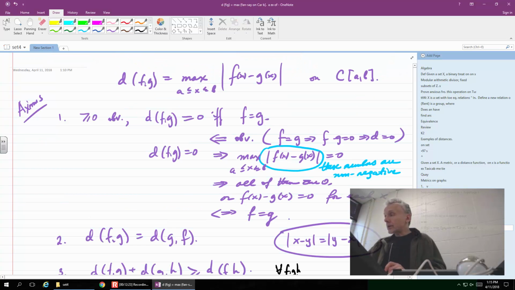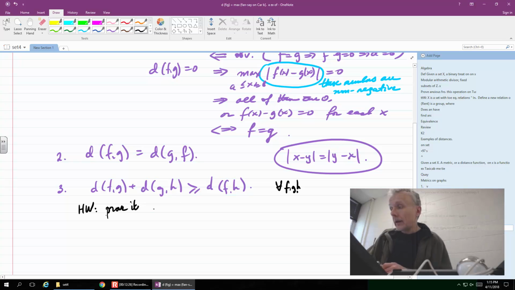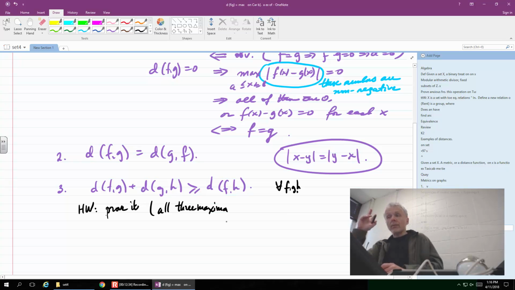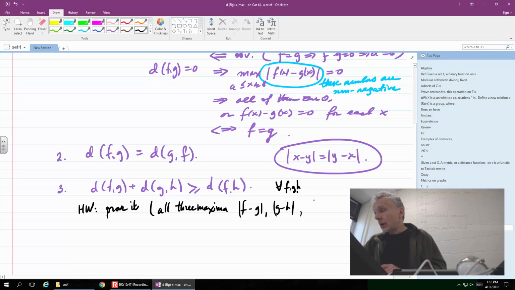So in other words, all three maxima are attained, for f minus g, g minus h, and h minus f. These three functions, we take the maximum of those for each of the three pairs, and these three maxima are attained, as we know, by the extreme value theorem. So they are attained or reached.